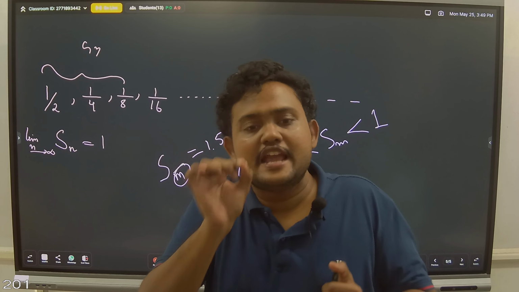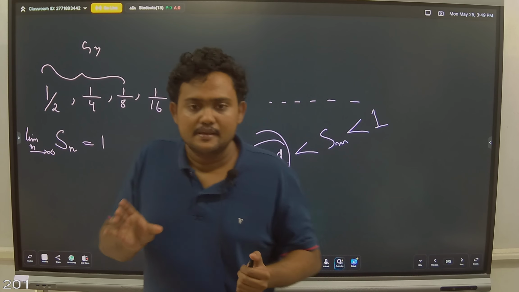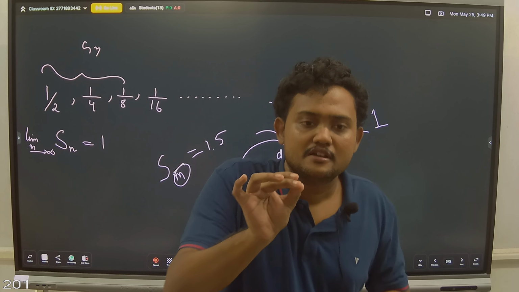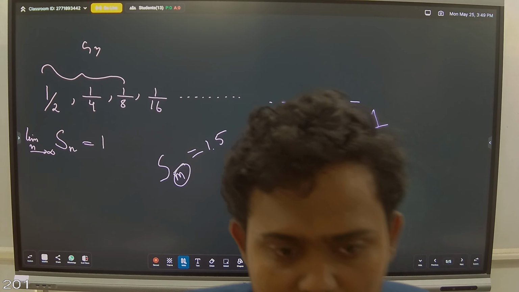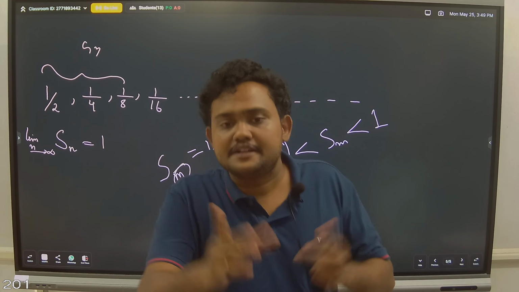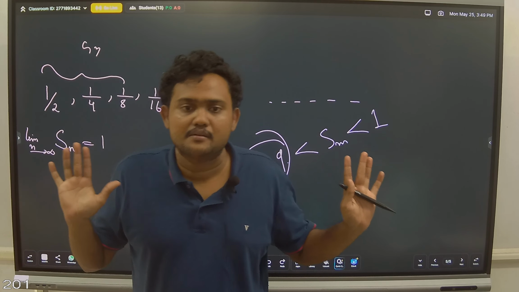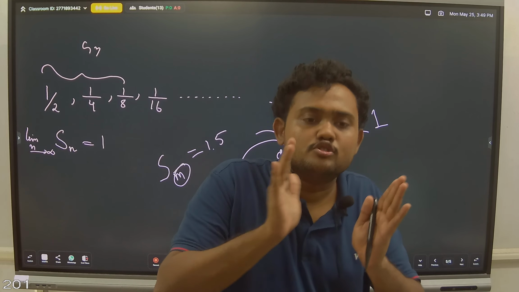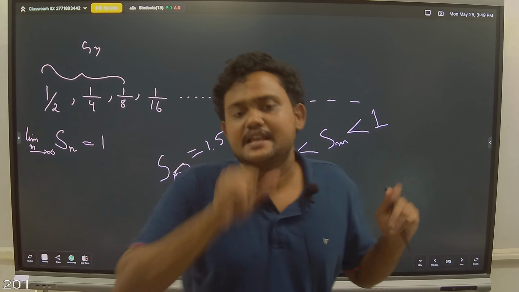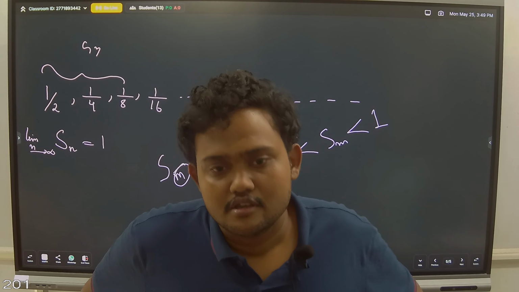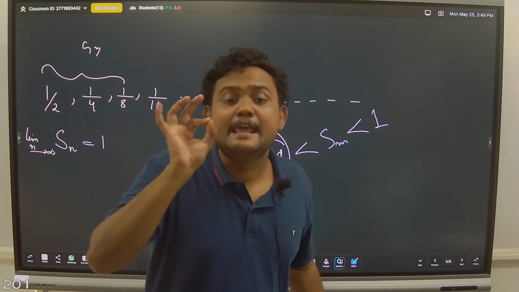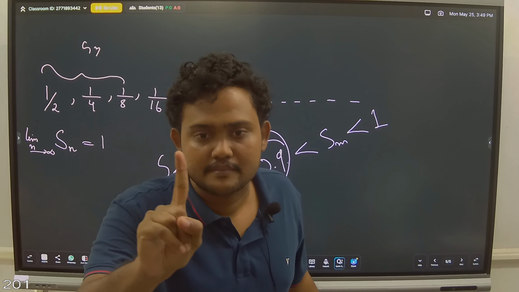Any value less than 1 I take, there is some m for which S of m is greater than that value, right? For 1 it is not defined, you will never reach 1. But for any other value smaller than 1, I can find some m for which it is larger than that, right? So we say that the limit is 1.